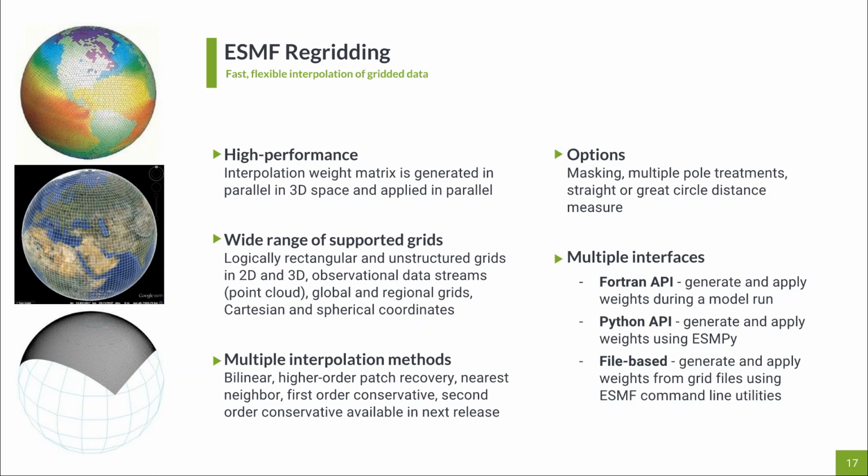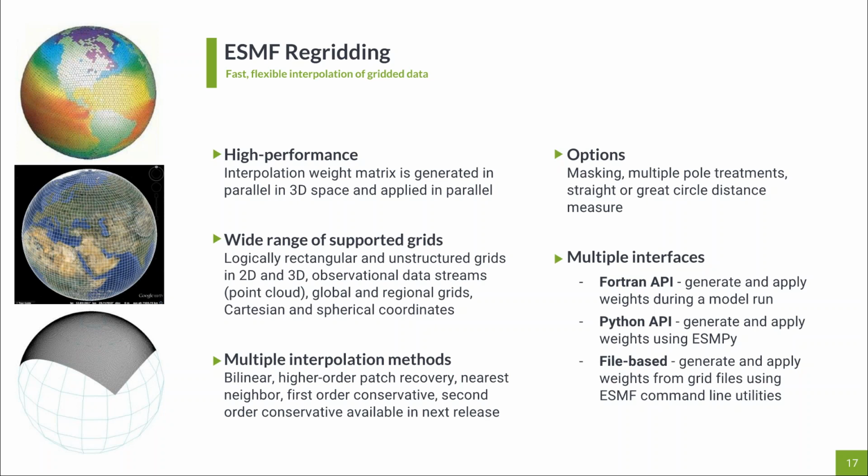Now, when you've defined two grids and you want to map between them, you have a choice of how you would like ESMF to perform the interpolation. There's a list of interpolation methods there. Some of them are conservative and some of them are non-conservative. That's a choice you make depending on the physical quantity that you're remapping.